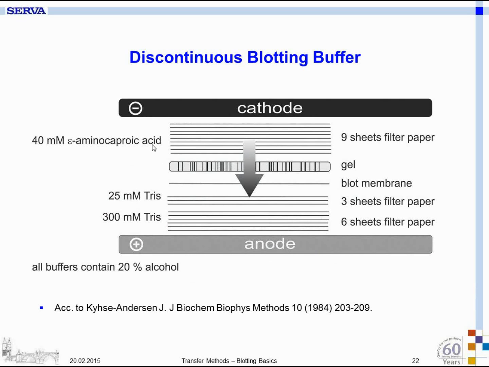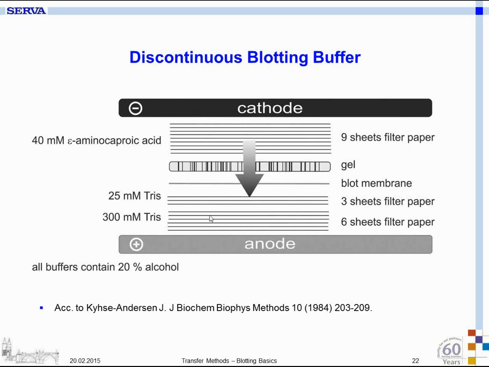A very efficient buffer was introduced by Mr. Kyhse-Andersen, who also introduced semi-dry blotting, and he took advantage of this technique, because here you can use a more efficient transfer, and you can avoid blow-through of small molecules, because you have a high concentration of Tris here.